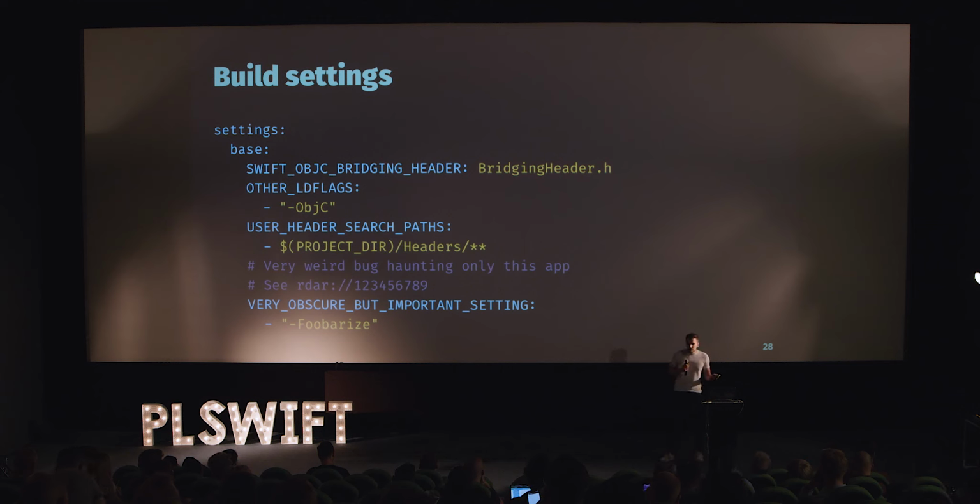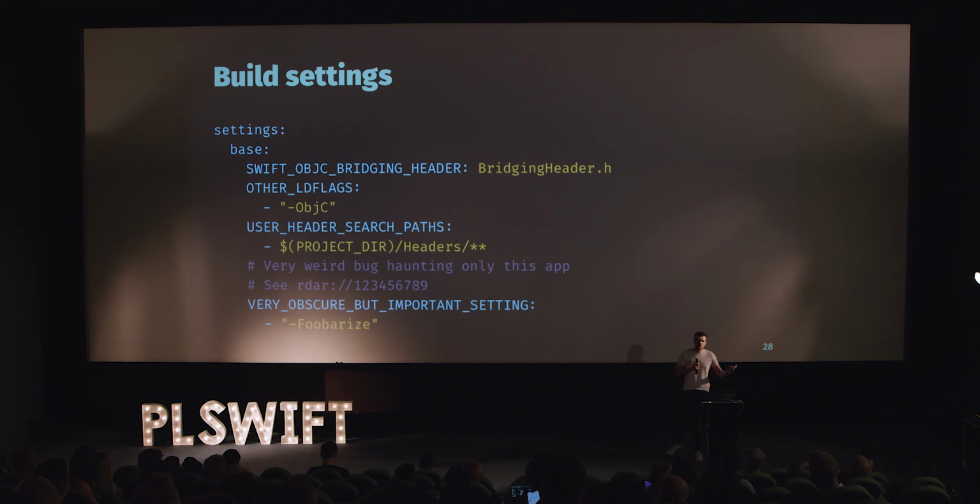Because probably everyone here had some case where the project didn't work for some reason, and you found some obscure Stack Overflow post which told you that this build setting should be set that way for that configuration, and you would set that, but after a month or two, you wouldn't remember why was it set that way.